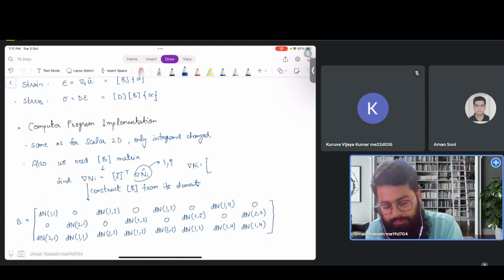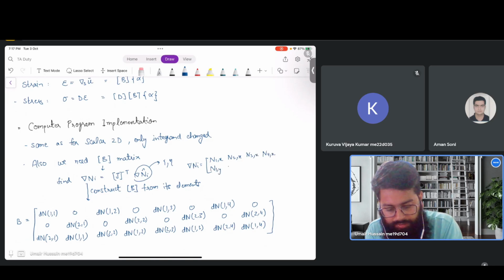It will give us Ni comma x: n1 comma x, n2 comma x, n3 comma x, n4 comma x.